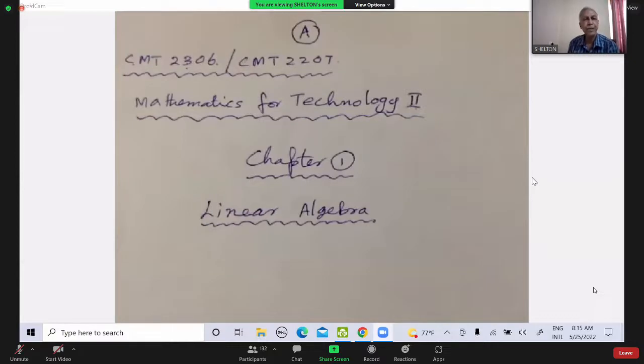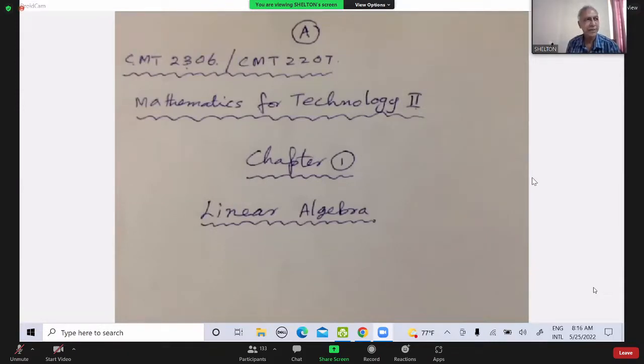What do we study in linear algebra? You remember you did solutions of systems of equations for O level, like x plus y equals 7, 2x plus 3y equals 8, and you were asked to solve the equations.